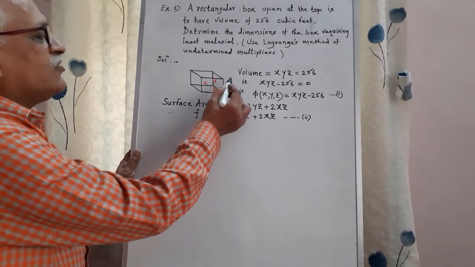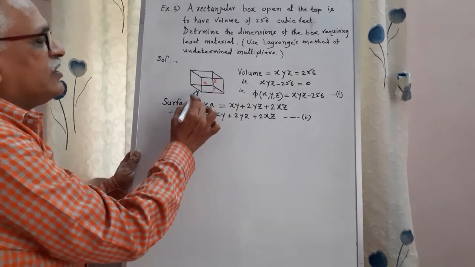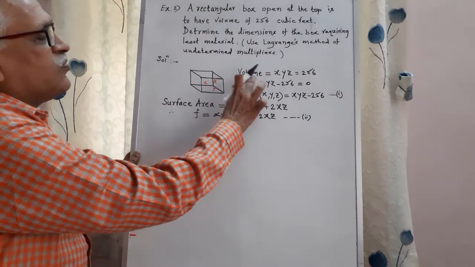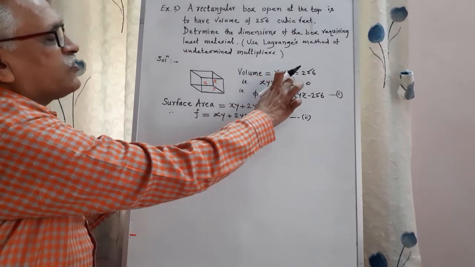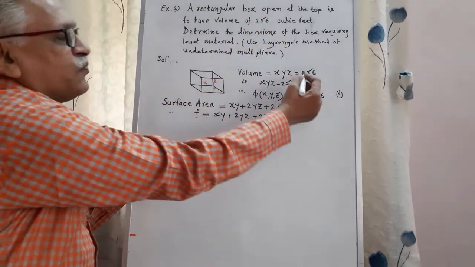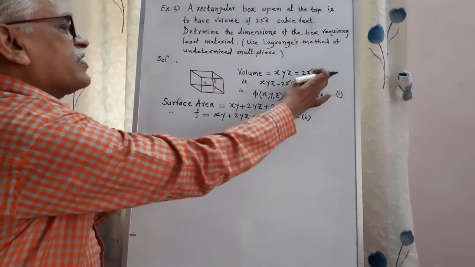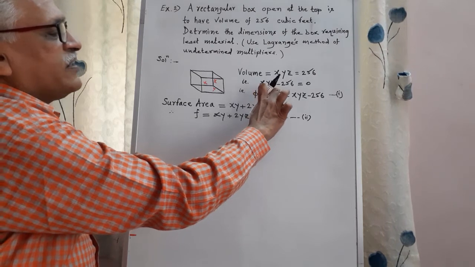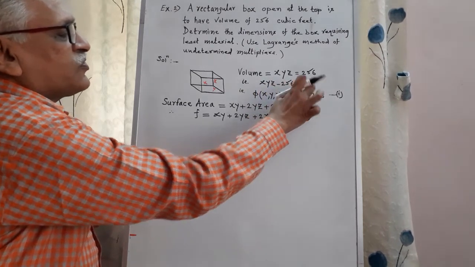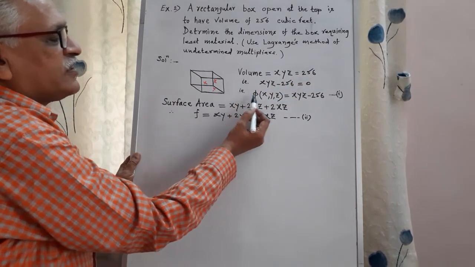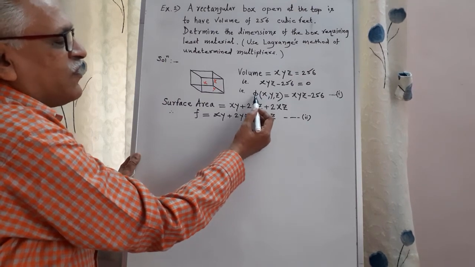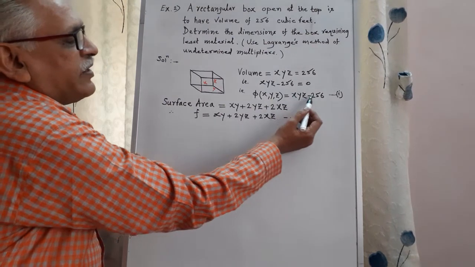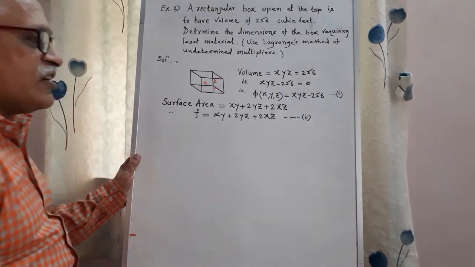Then we know that volume is length into breadth into height, and therefore volume becomes x into y into z, and it is given as 256. If we transfer this to the left hand side, we get xyz minus 256 equals 0, and we consider this as a function phi of x, y, z as xyz minus 256, as equation number 1.